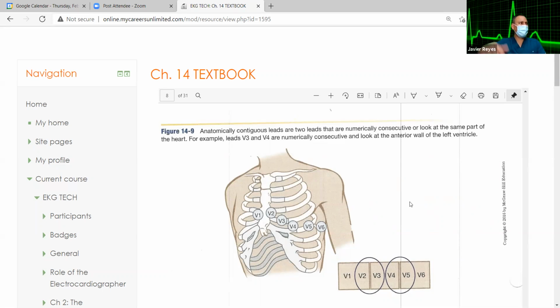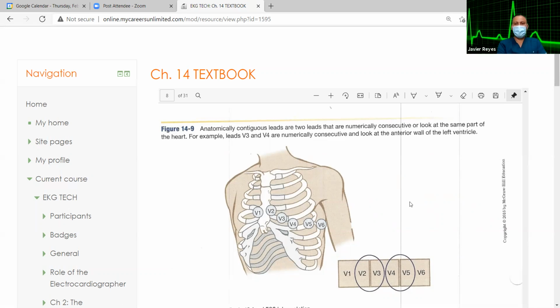So you may or may not see the ST elevation on the EKG when you perform it. Maybe they had the chest pain at home and waited an hour to come in, and now the ST elevation may not be there, or it may already be gone, but you will see changes that reflect injury, which is T-wave inversion.